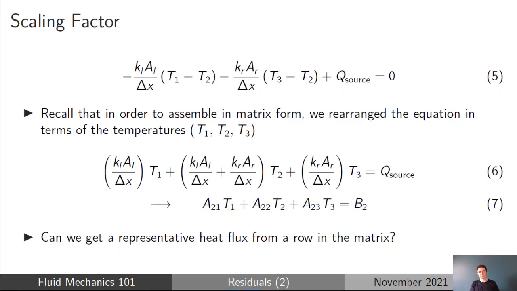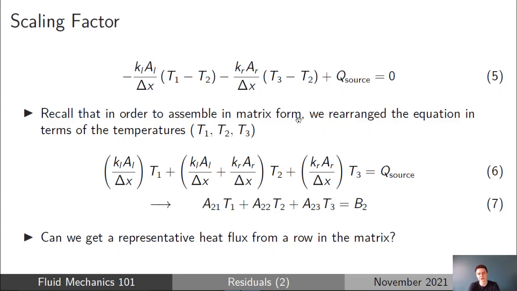And this is what I talked about before. So how would we go about doing this? Well, if we think of our conservation of energy equation we have there in equation 5, remember that when we assembled the matrix, what we did was we rearranged that conservation of energy equation in terms of the unknown temperatures, T1, T2, T3, and T4, and collected the coefficients.